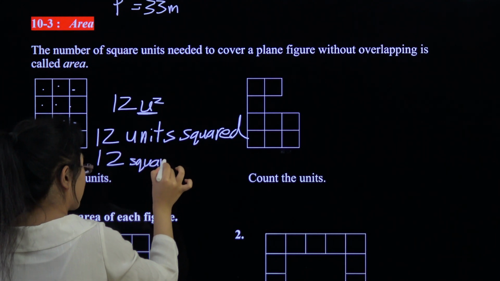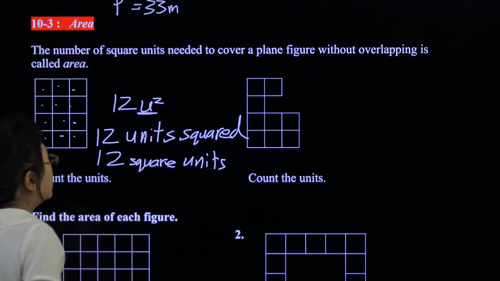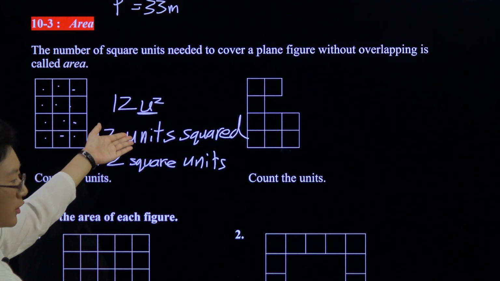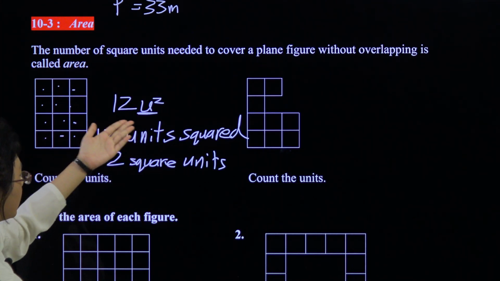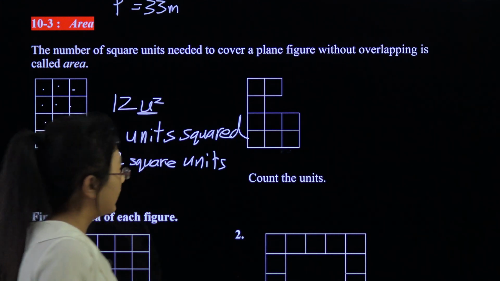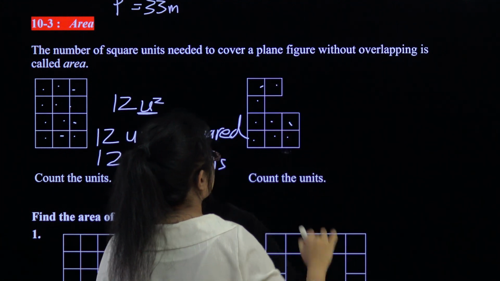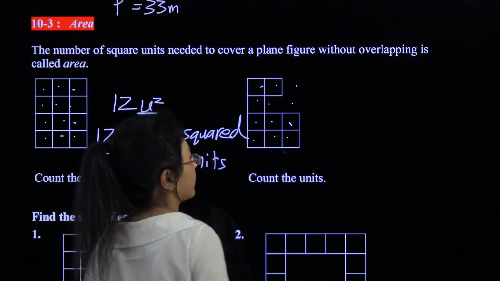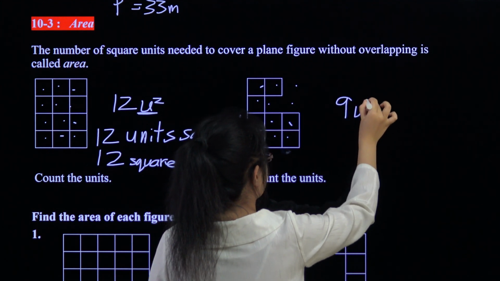But here's the 3 different ways you can write it. 12u exponent 2, 12 units squared, 12 square units. Here, though, it's missing a chunk, so that's 1, 2, 3, 4, 5, 6, 7, 8, 9. Or 12 minus 3. So this is 9. I'm just going to write it like this.